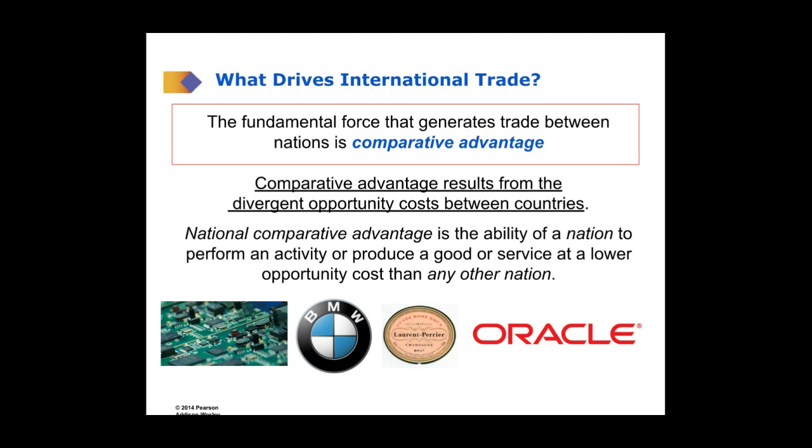The same forces govern international trade that govern trade within a country. And if countries were to organize their production around their relative comparative advantage, to specialize and then trade, then countries will be better off by trading.